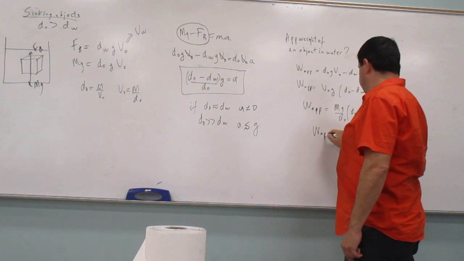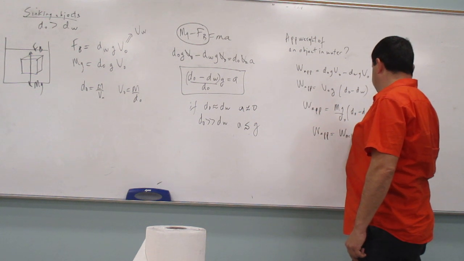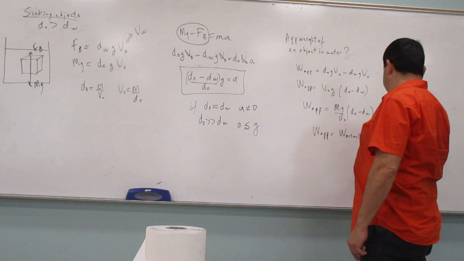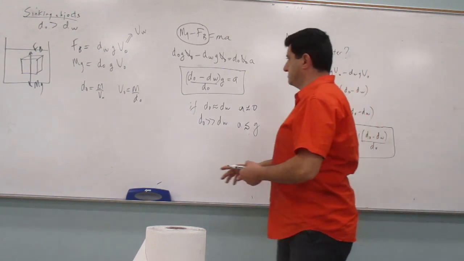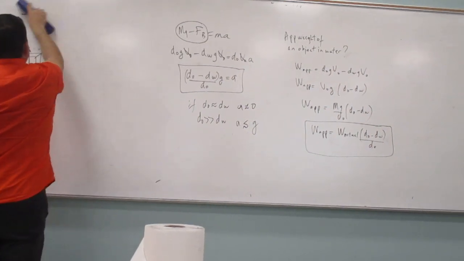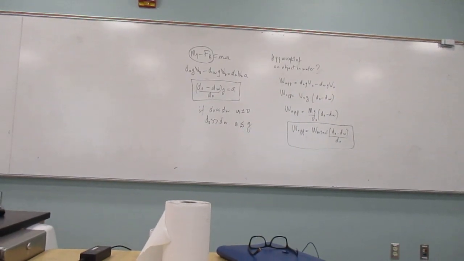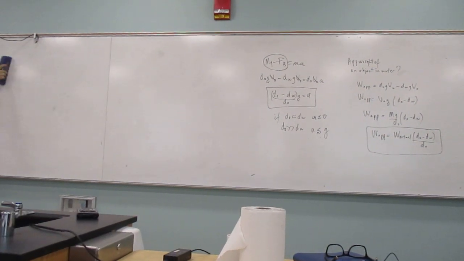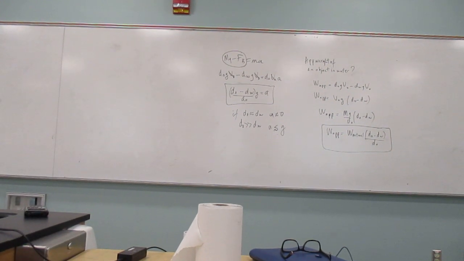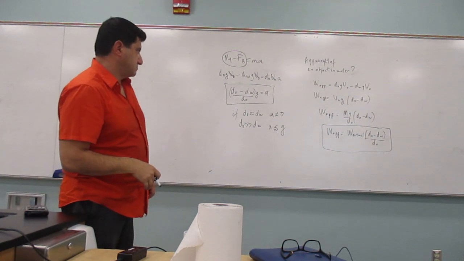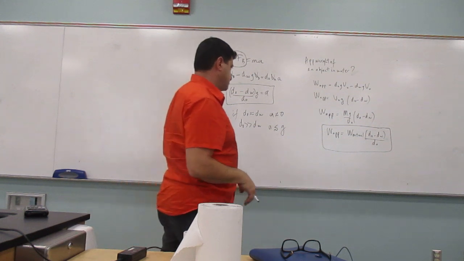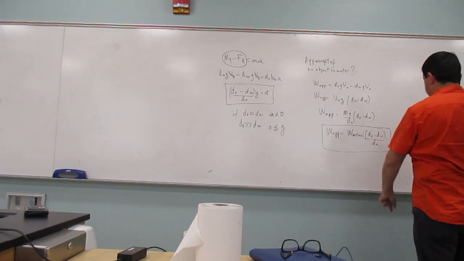So the weight apparent is the weight actual times (dO minus dW) over dO.